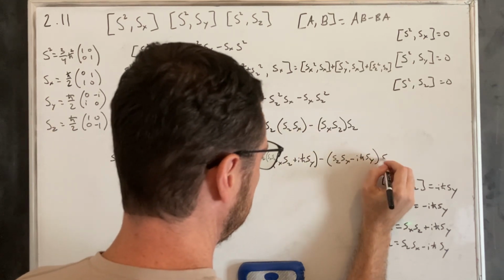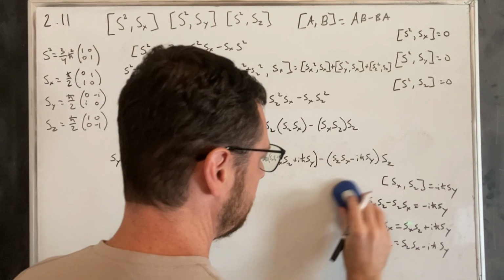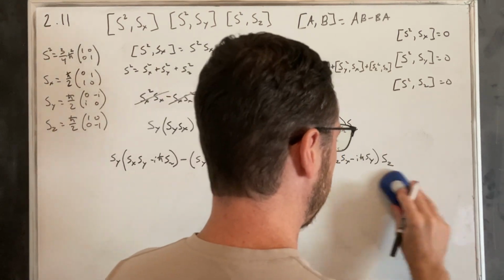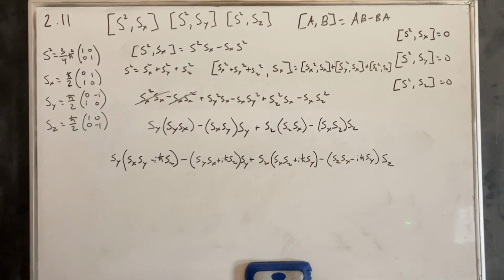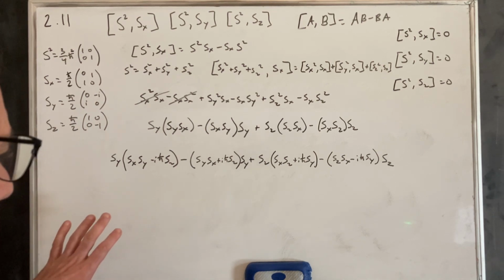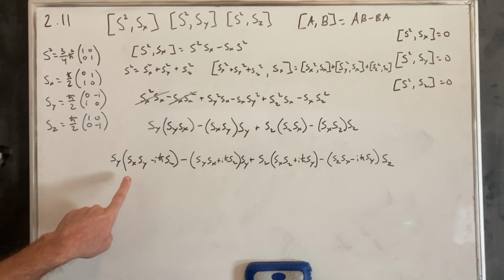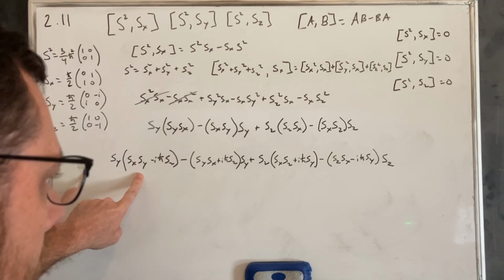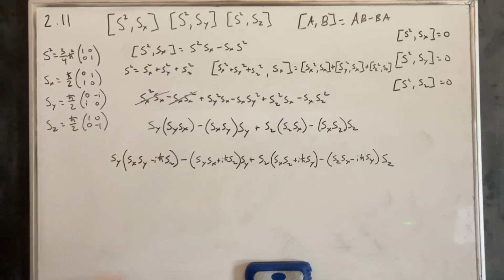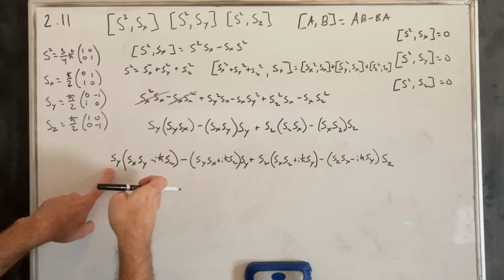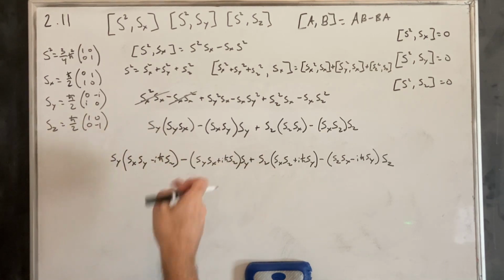Remember that Sz. Okay. So now we can go and either we can see if we can cancel here. Looks like we can't cancel yet. Let's go ahead and multiply these back in, remembering that this needs to go in the front of these terms, and these need to go in the back of these terms.